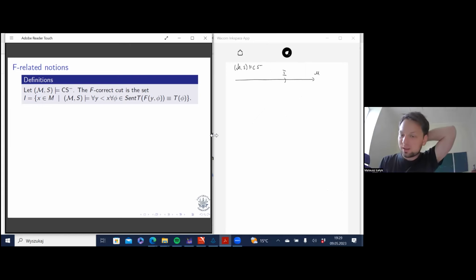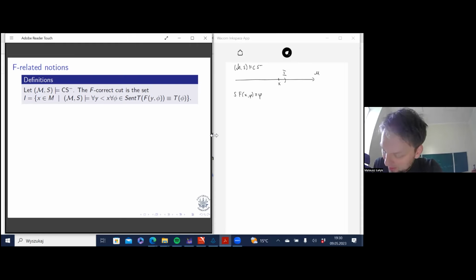So I think it would be good to write a picture of this situation. When I is the F correct cut of this model MS of CS minus, it means that whenever you take a number which is in this cut, and you consider the sentence f of x phi, where phi is really arbitrary, then you know that this propositional validity will be in the satisfaction class.